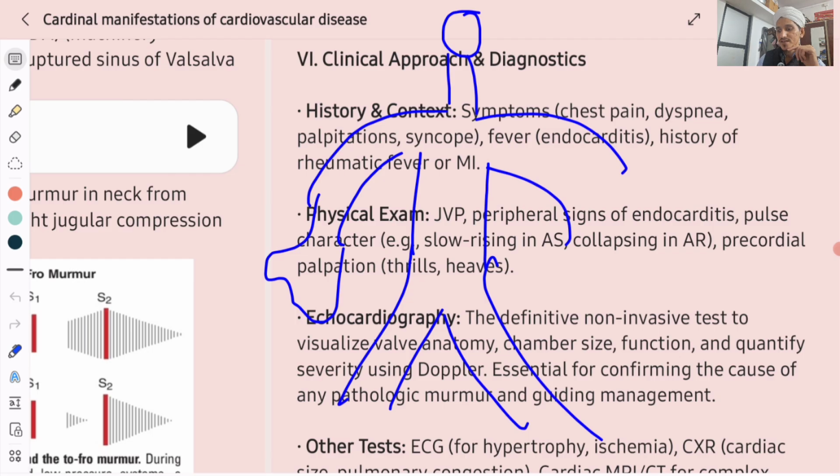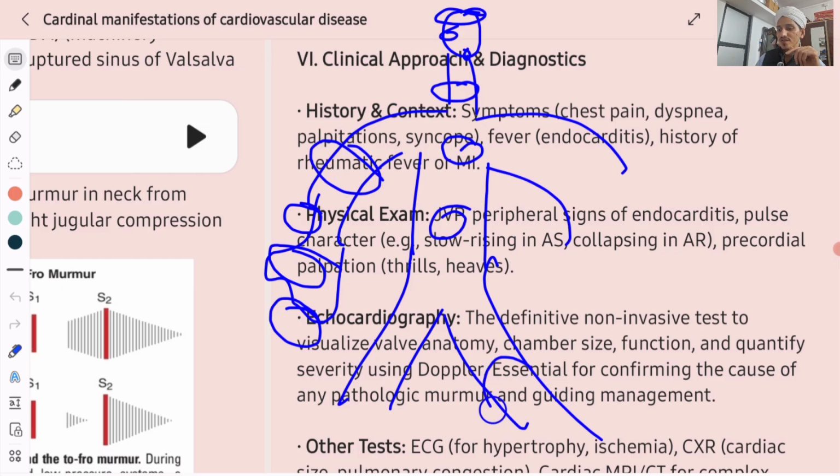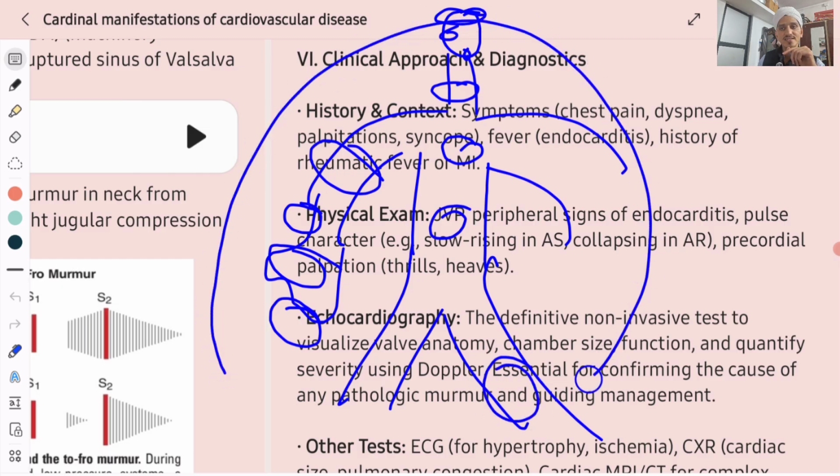Examine the fingers, examine the hands, palpate the pulse, check the BP, then come to the forehead, CNS, then eyes, then mouth, then neck. After the neck, then chest, then abdomen, then pedal edema. So you should move like a circle, which Davidson says you should follow in any examination.